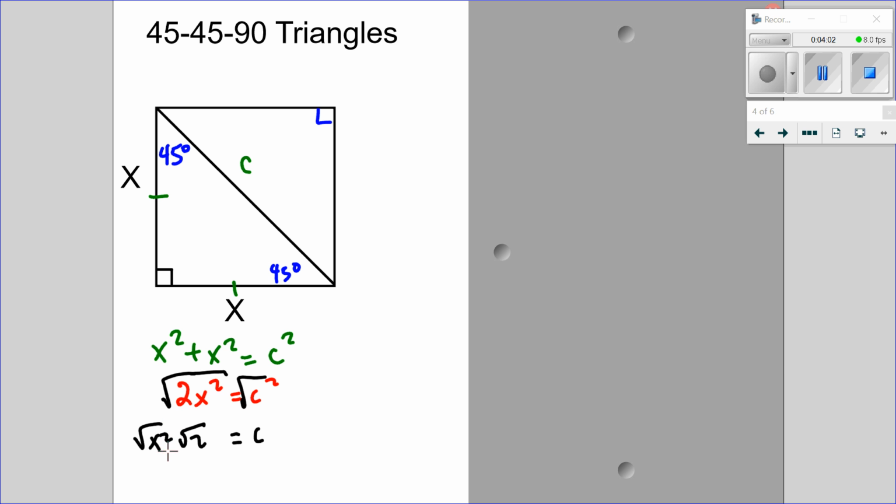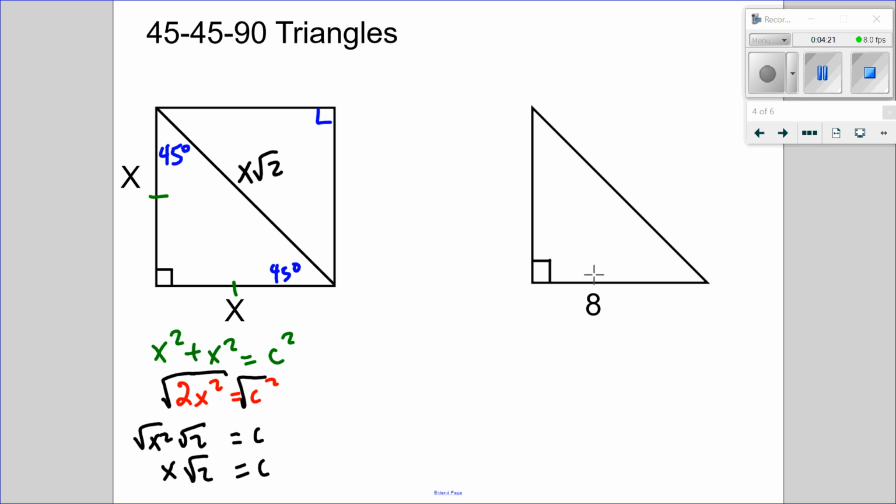The square root of x squared is just x, and the square root of 2 we're just going to leave as the square root of 2. It's exact. But that relates it back to these other side lengths. If this length is x, this length is just square root 2 times bigger. So x root 2. So that works for any 45, 45, 90.